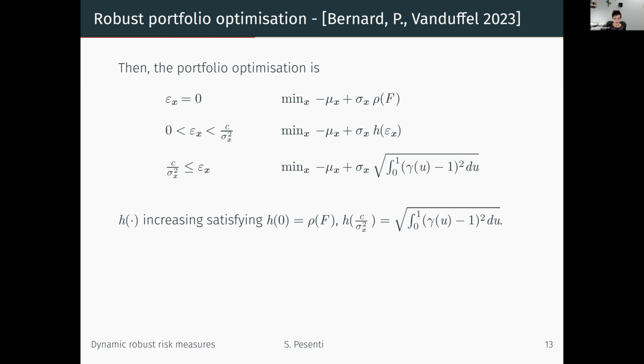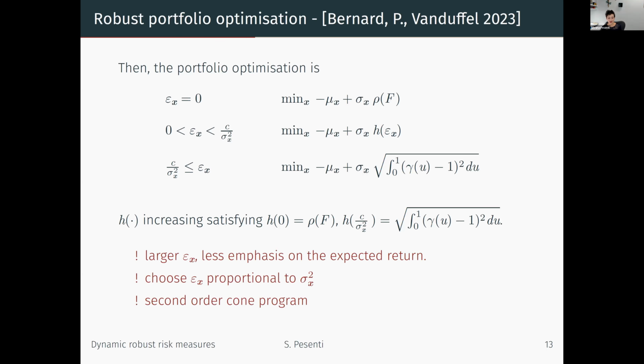So what does this mean? If you have a larger epsilon, you put more emphasis on the variation, the sigma, and less on the expected return, right?